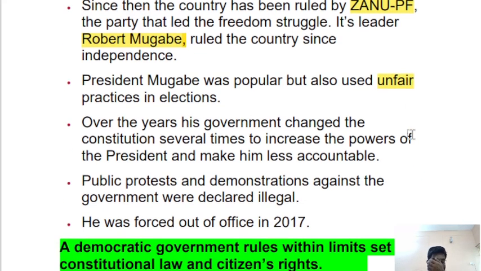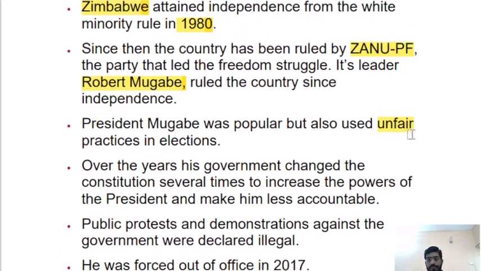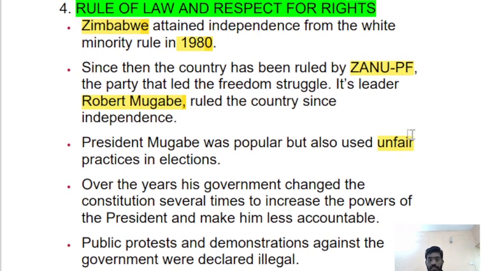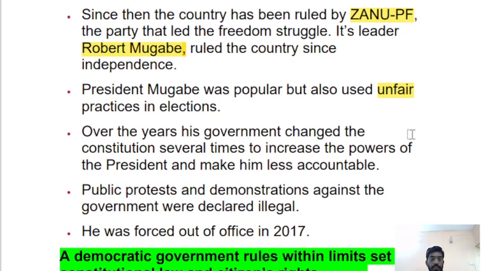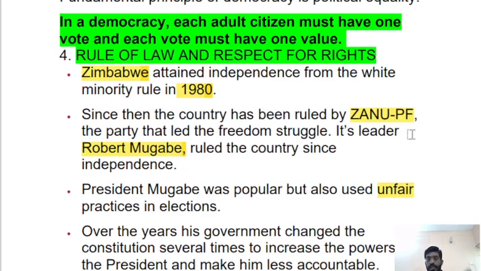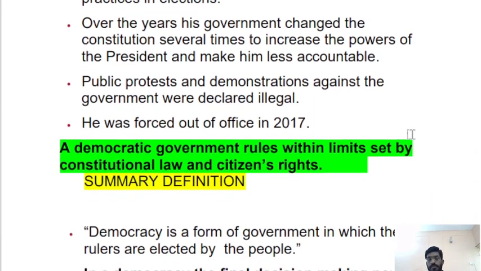Okay, yes, he crossed his limits. What is this feature telling us? In a democratic government, rulers must be within the limits set by the constitutional law and citizens' rights. These are the four features. You have to write a feature and you have to give the example also.